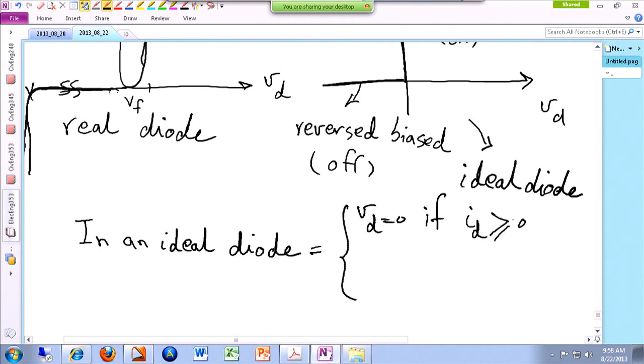And there won't be any current passing through the diode if the diode is blocking some negative voltage. All right, so this is a mathematical definition of that VI characteristic that I just drew over there. So this was a diode. You have seen this many, many times before.